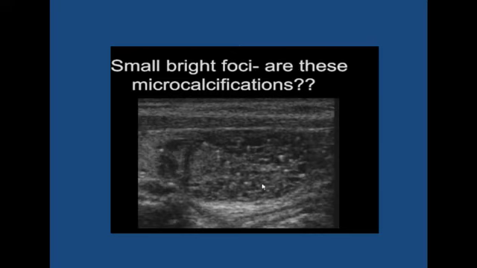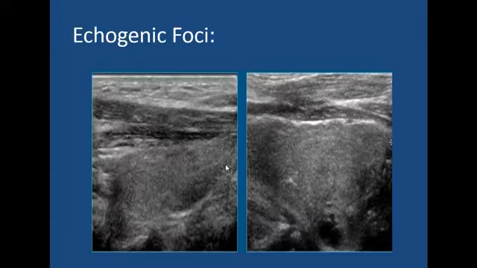So I think we have a nodule with cystic space more than 50%. So we have a cystic nodule or spongiform nodule, so the answer will be no. Here also we have a nodule with some linear echogenic foci, and this, as we said, is due to tissue interference.